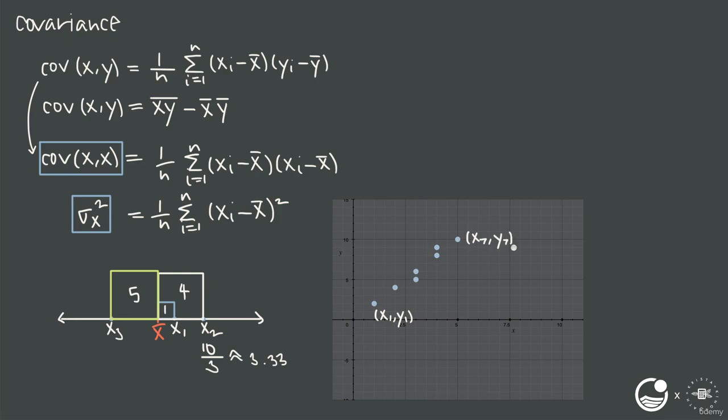Each of these is just one value from the x data series paired together with its associated y value from the y data series and then plotted in the two-dimensional plane.